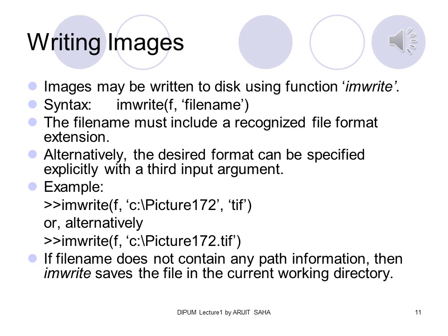Or alternatively, simply we can write like this: imwrite f, C:/picture172.tif. Both will perform the same function. If file name does not contain any path information, then imwrite saves the file in the current working directory.